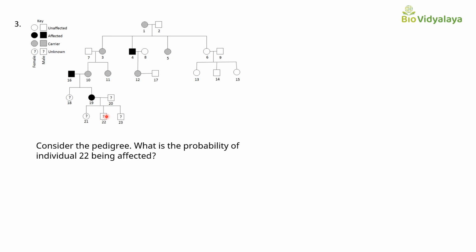I will tell you how to find the answer. Okay. See, here first you have to find whether it is Y-linked, X-linked or autosomal. After that you have to find whether it is recessive or dominant. Then you can easily answer this question. Okay. Here you have to find the probability of individual 22 being affected.